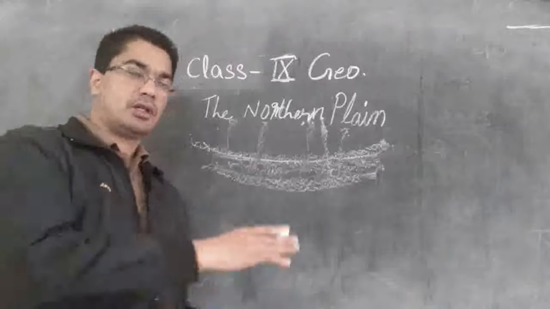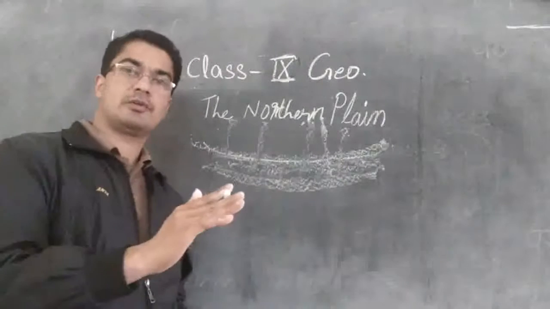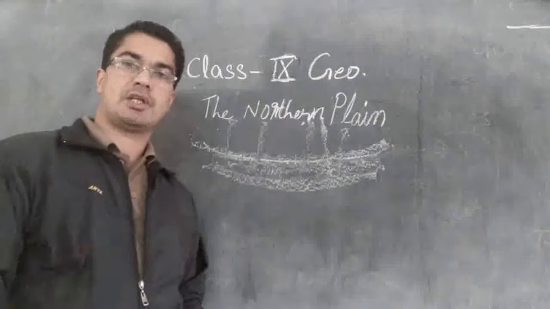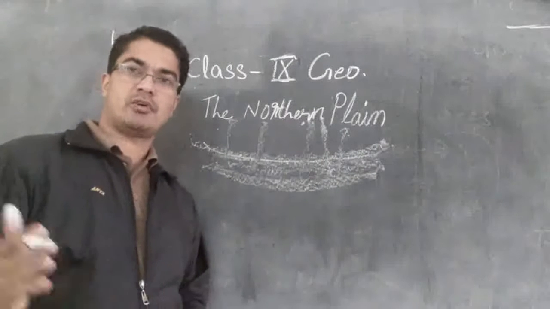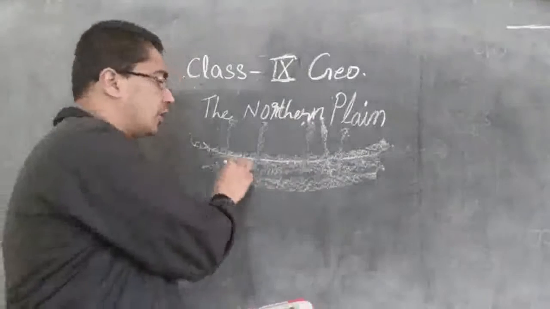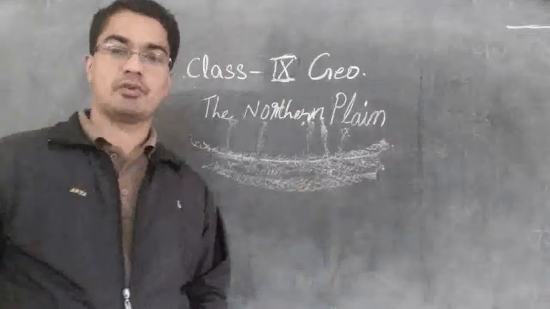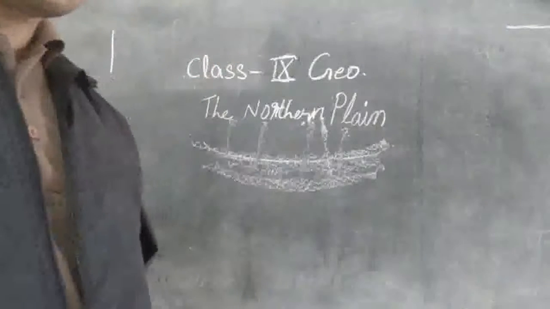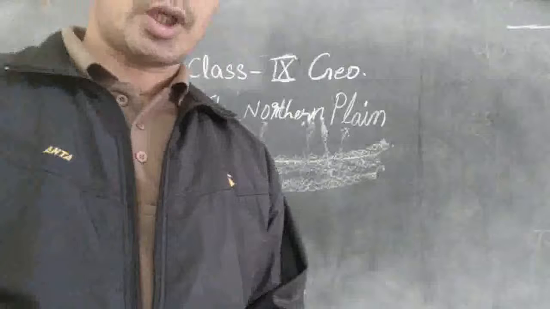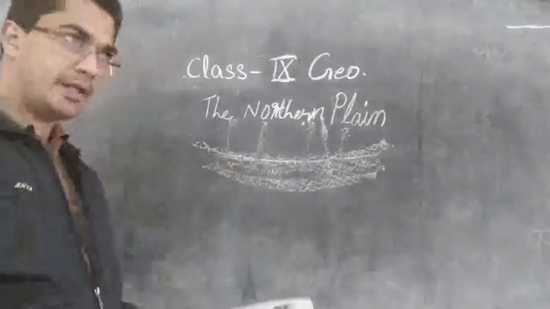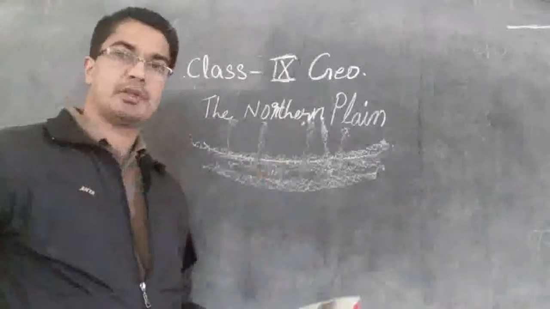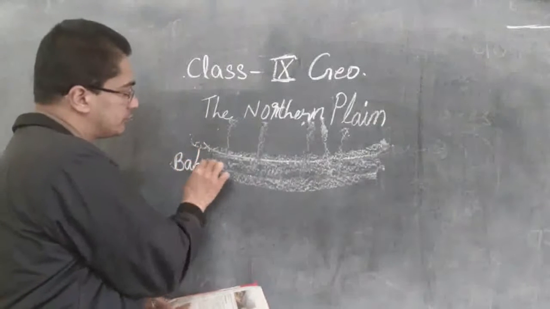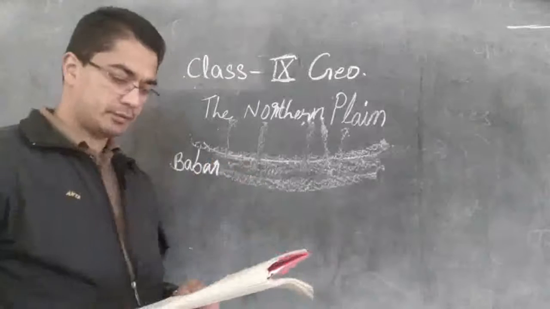We said the slope is not much, therefore the water is not that fast. The water cannot flow very fast. Therefore all the heavy things will remain there at the foot of the hills. And it has got a name. What is it? It is called Bhabar. So the area that is filled with these pebbles is called Bhabar.